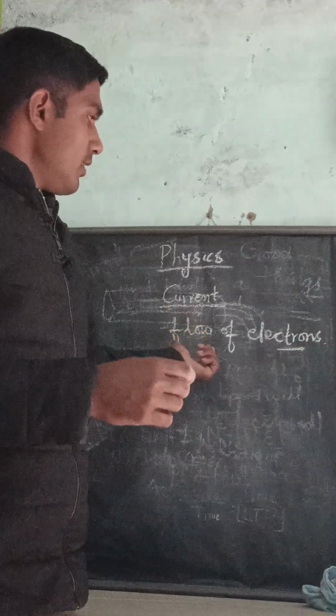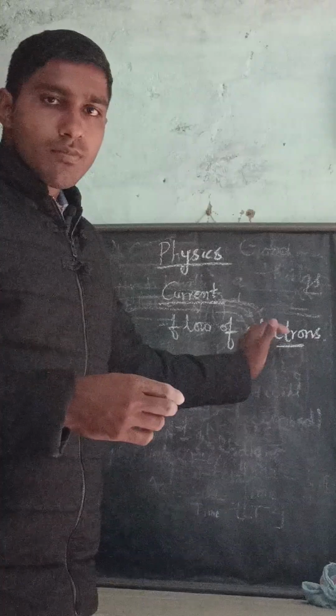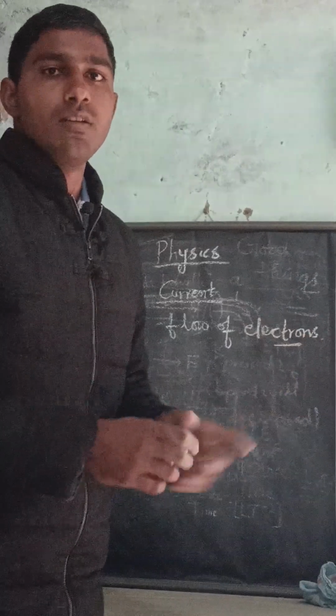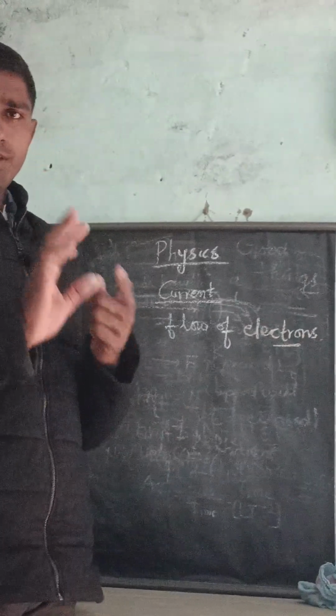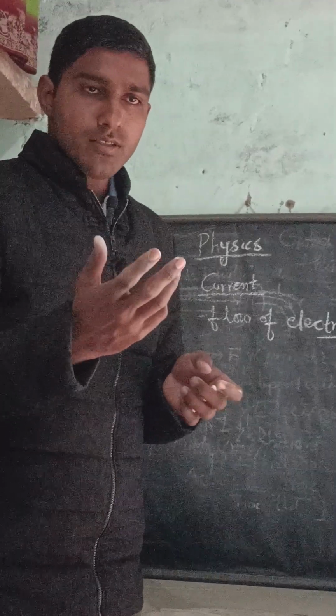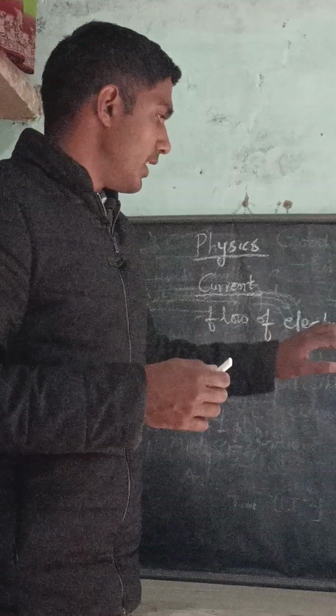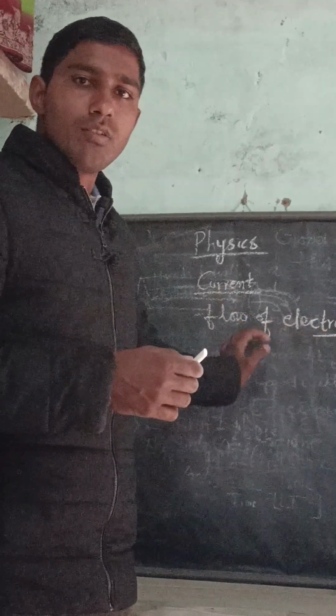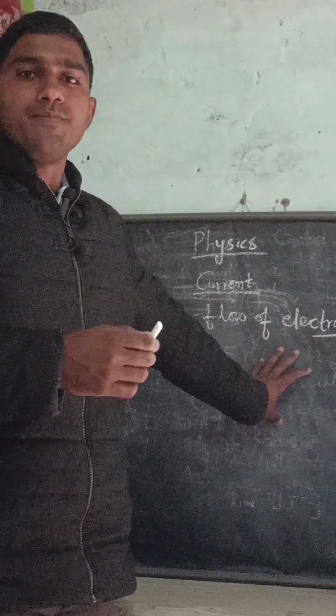So current is the flow of electrons, and current has direction. But one thing you should know in the basics is that current has direction, but it is not a vector quantity.